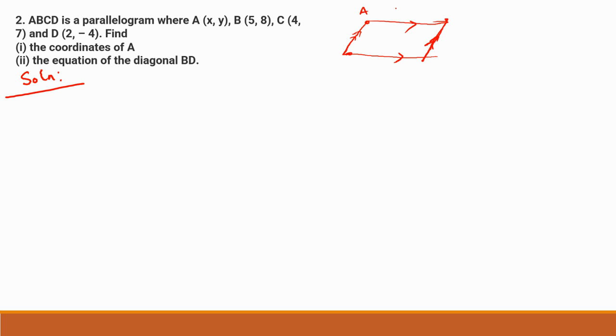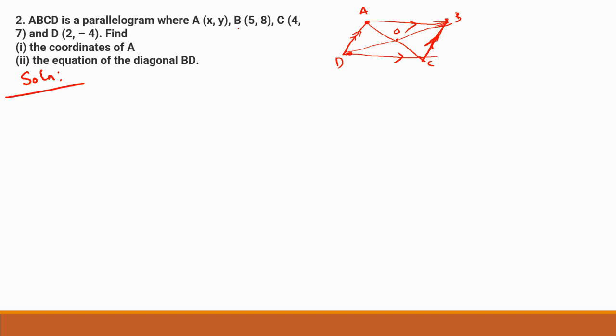Let's say this is A, B, C, and D. When you draw a line from B to D, and when you draw a line from A to C, this will be the center, the midpoint. Center is, let's say, O. So the midpoint of B and D, which is center O, is equal to the midpoint of A and C, right? It will be the same midpoint.